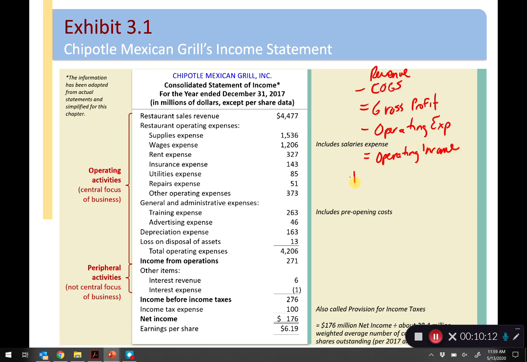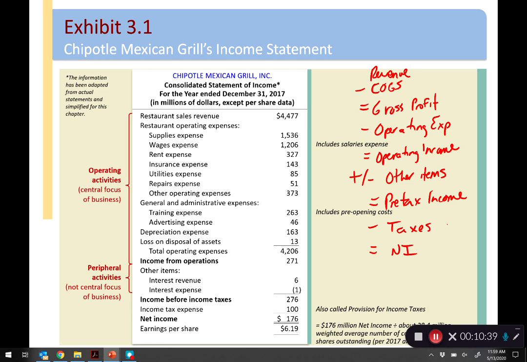Then we add or subtract other items, which would be our peripheral activities, to get pre-tax income. Then we take out taxes, because the government has to take a piece of the pie, to get our net income. So it's still revenues minus expenses, but we have more subtotals to provide the users with more useful information.